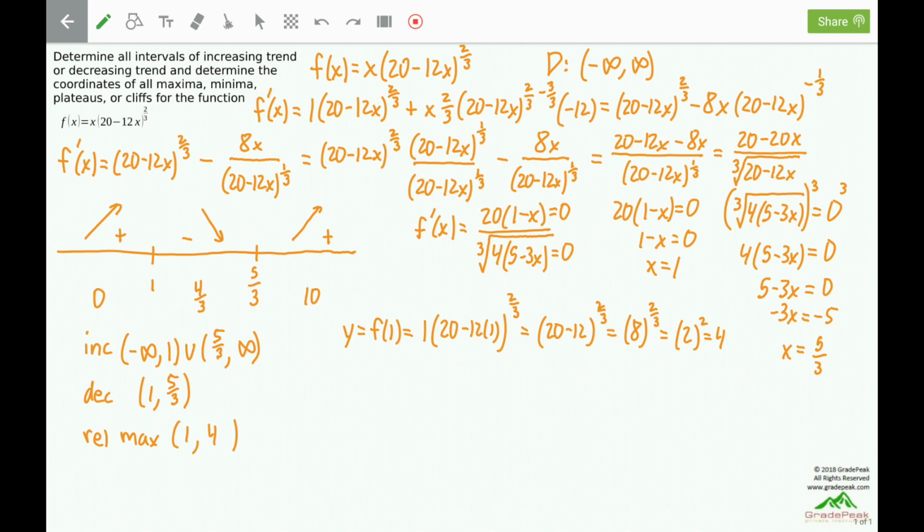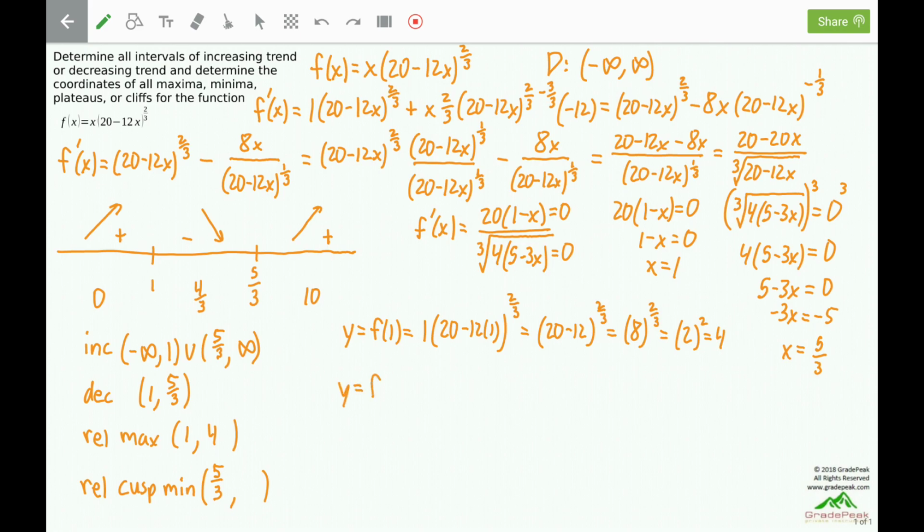It will be a cusp minimum. That always happens when it comes from the denominator. So we have a relative cusp min with an x-coordinate of 5/3 and a corresponding y-coordinate that can be found by plugging the x-coordinate into the original function.